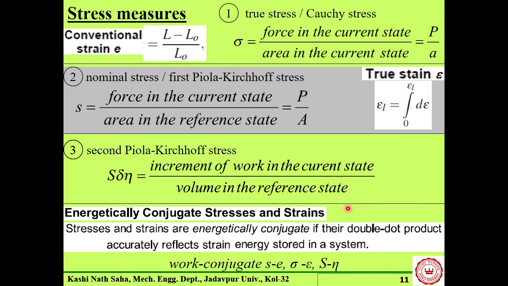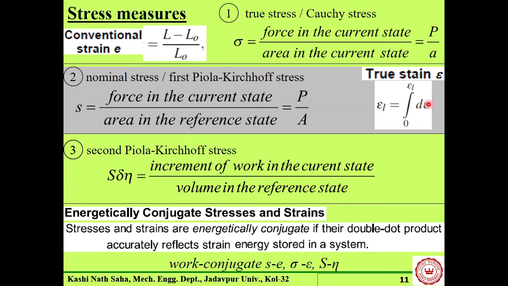But then let us see something more. So there is a true stress. True stress is force in the current state divided by area in the current state. And then there is a true strain also. This true strain is basically 0 when strain is 0, meaning length is L0, up to when our epsilon value is the final epsilon value, where length is Lf.